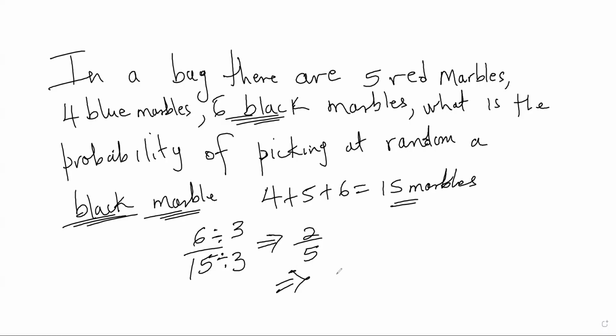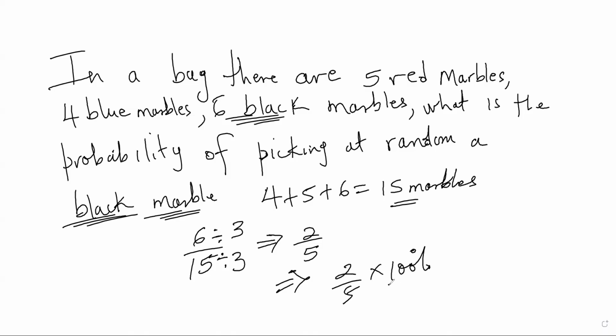Alright, sir, let me explain why. Since you finished the probability, as the percentage now, you're going to say 2/5 times 100/1. Since percentage is out of 100, you're going to times 100.